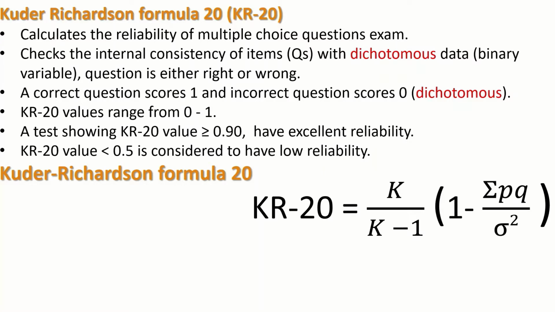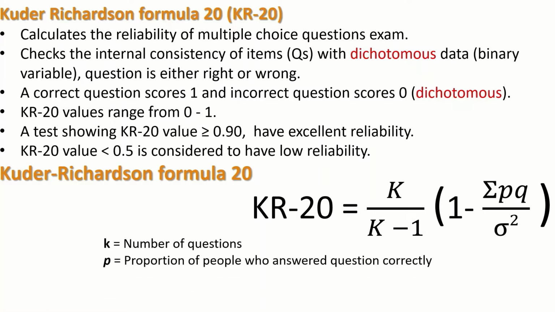Kuder Richardson Formula 20 was published by Kuder and Richardson, and the KR20 is equal to K divided by K minus 1, multiplied by 1 minus the summation of P multiplied by Q, divided by the variance. K stands for the total number of questions.